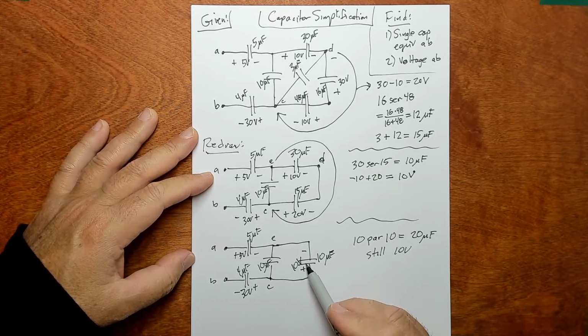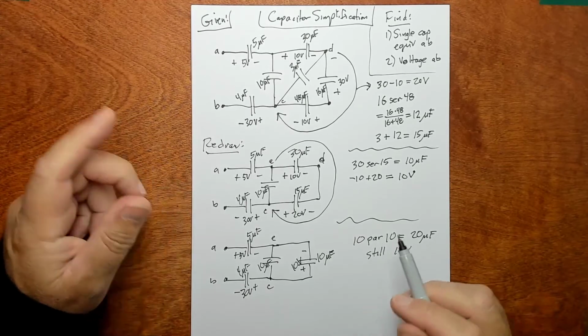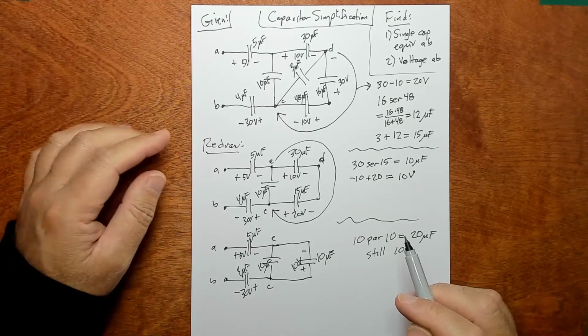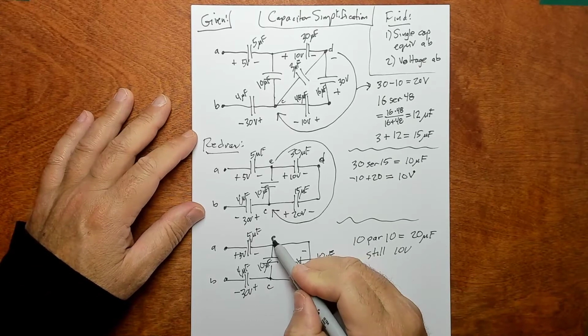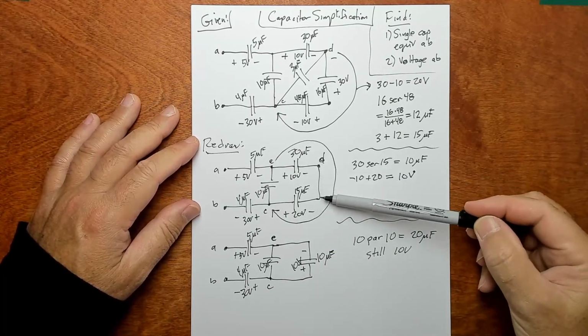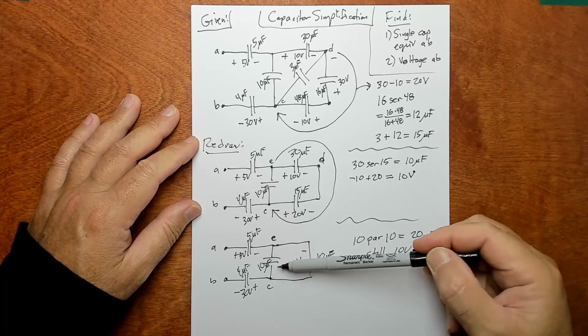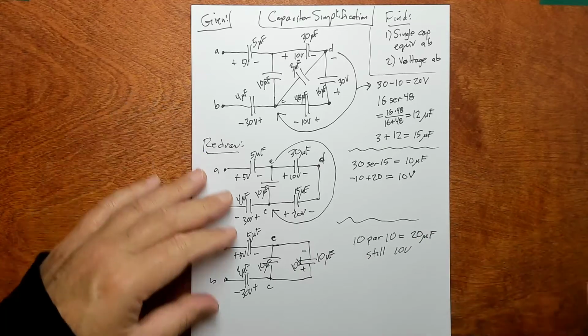That's just a circuits rule thing. Elements in parallel have the same voltage across them. So I think that's the point of doing just the one simplification and then redrawing, so that we can point out that these two have the same voltage across them.